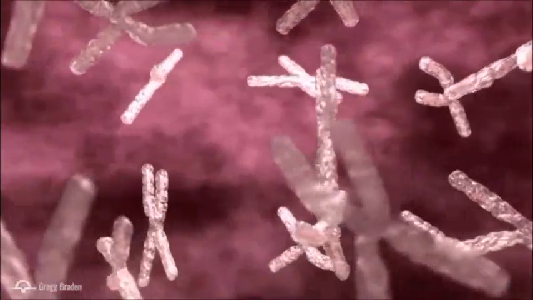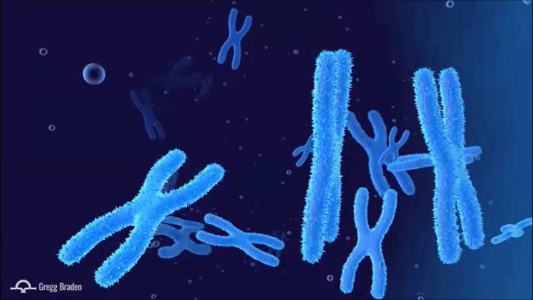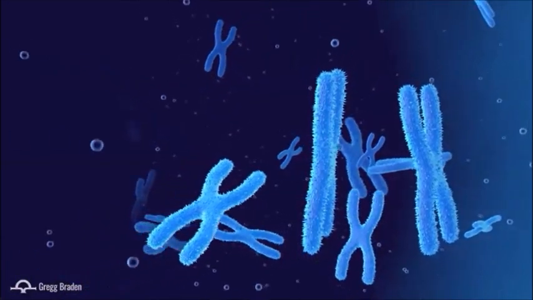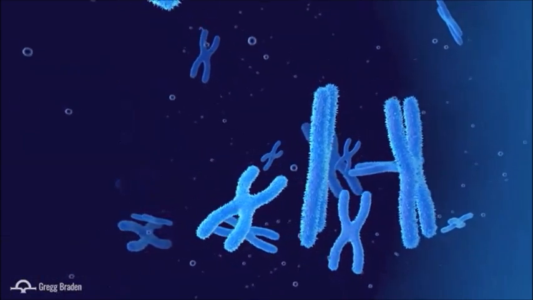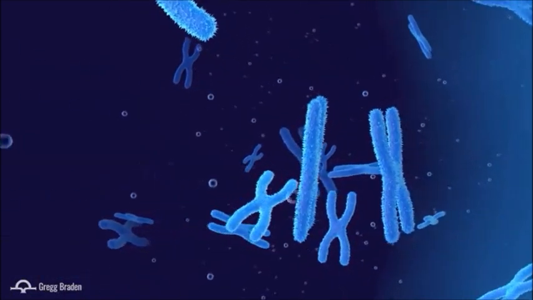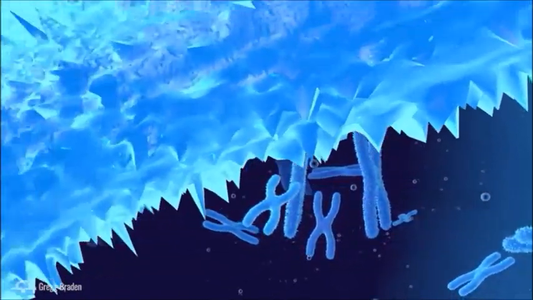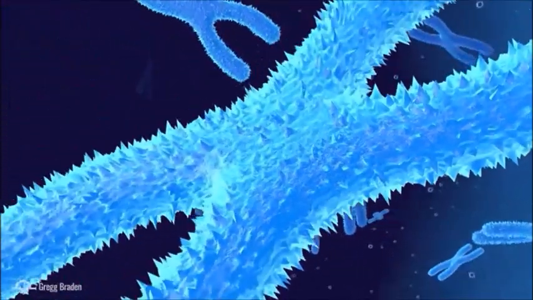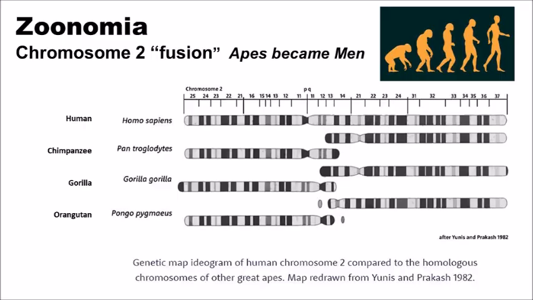And they are in the middle at a pinch point where scientists now know that two previously existing fully intact chromosomes fused together. So two pre-existing chromosomes fused together, and the telomeres that used to be on the ends are now in the middle.